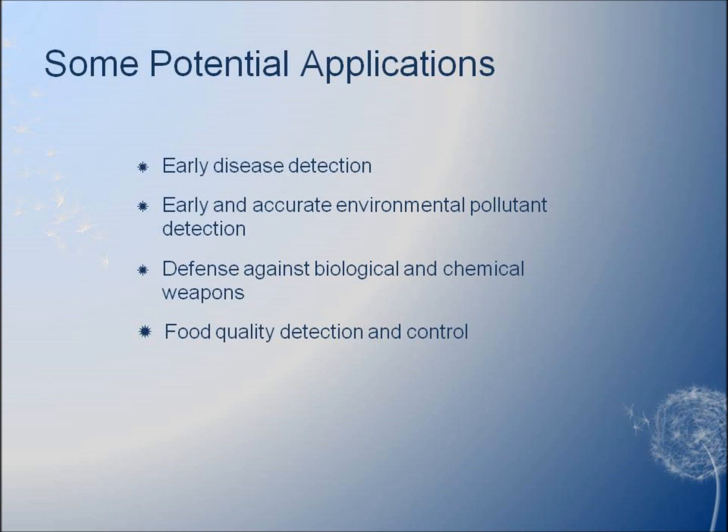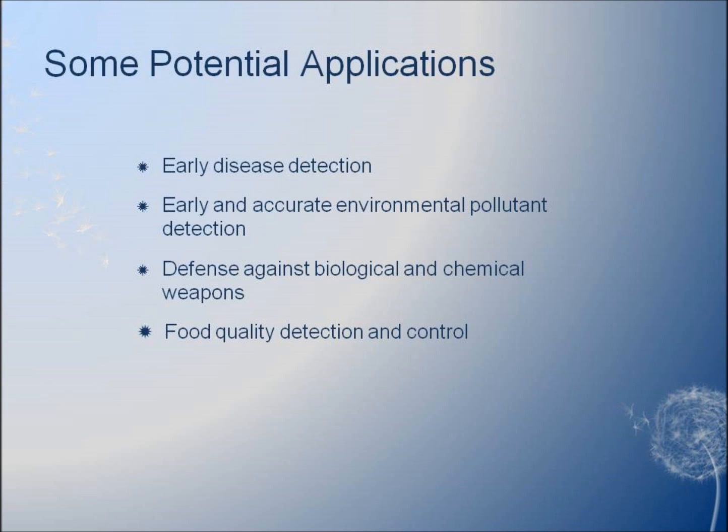Here are some applications where a lot of research is being done right now. One of which is early disease detection. Nanosensors can be used to quickly and easily get your vital health information. Another important one is early and accurate environmental pollutant detection.